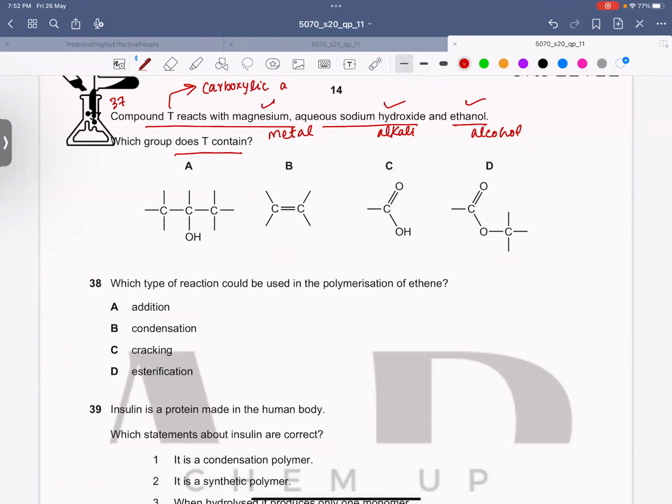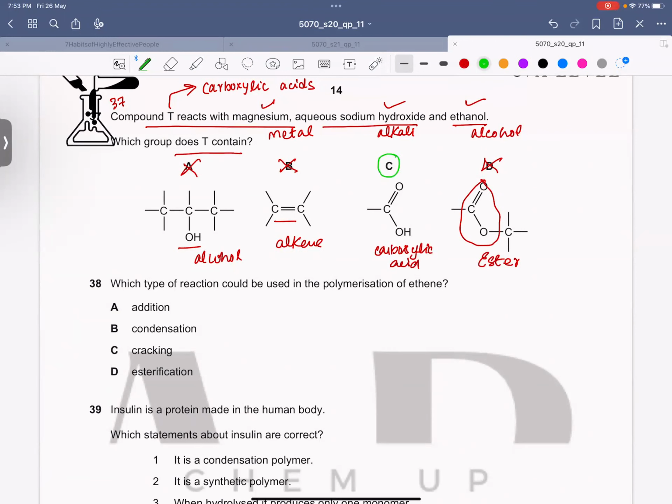Here there is an alcohol, so A goes wrong. There is a carbon-carbon double bond, this goes wrong, and there is an ester, so D goes wrong. So here we have an alcohol, an alkene, a carboxylic acid, and an ester. So C is your correct answer.